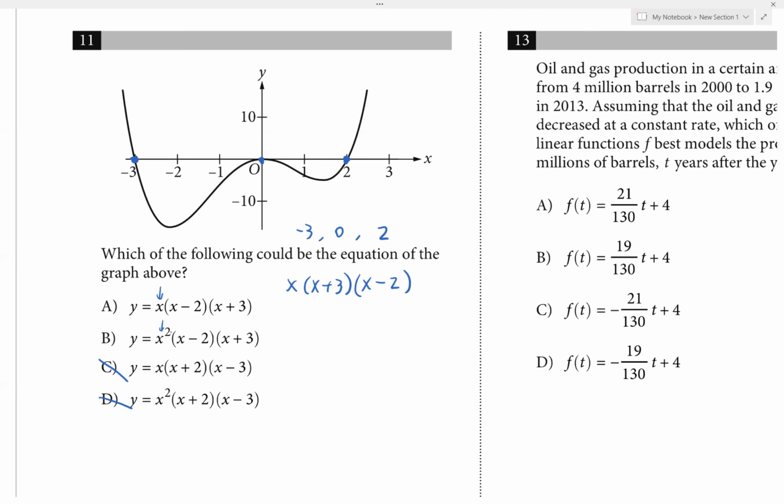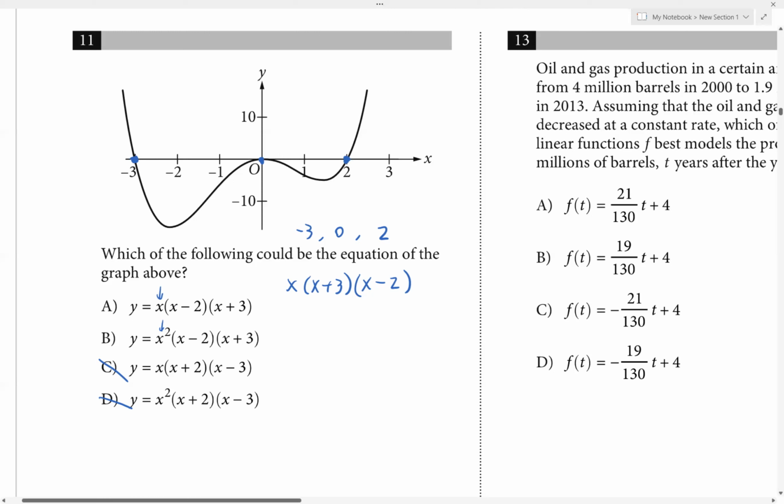How can we tell the difference? This is the concept of multiplicity. We can look at the graph. If we have an odd exponent on the factor, like x minus 2 or x plus 3, then the graph will go through the x-intercept.